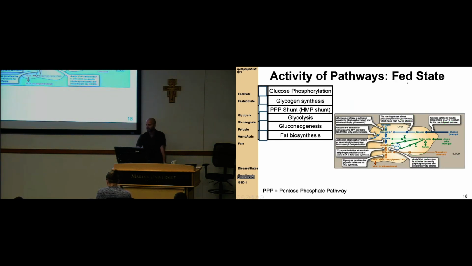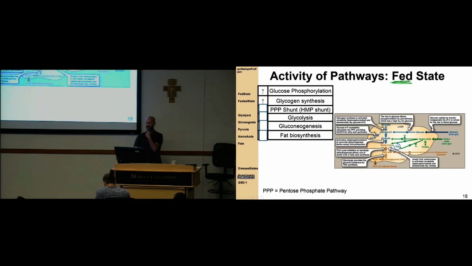All right, so let's talk about the fed state. In the fed state, and we're just talking about normal, everyone, what's going on? Is glucose phosphorylation up or down? Up, good, I saw up. Glycogen synthesis, up or down? Very good, up.